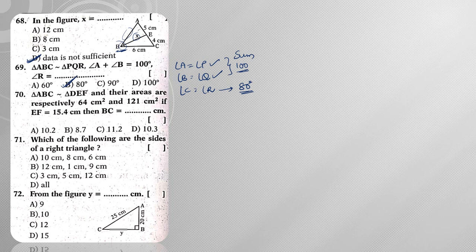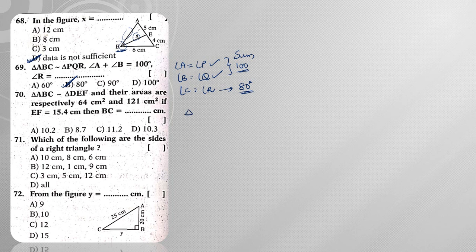Next, question number 70. Triangle ABC and triangle DEF are similar and their areas are respectively 64 centimeter square and 121 centimeter square. If EF is equal to 15.4 centimeter, then BC is equal to? Here we need to follow the order, so order is important: ABC followed by DEF.